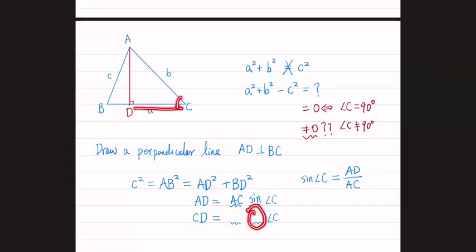So this time it's the adjacent side, we use cosine. And the cosine of angle C will be CD over AC.